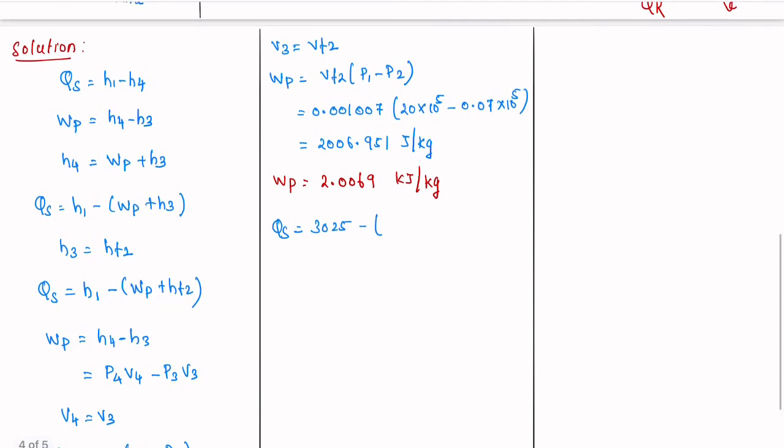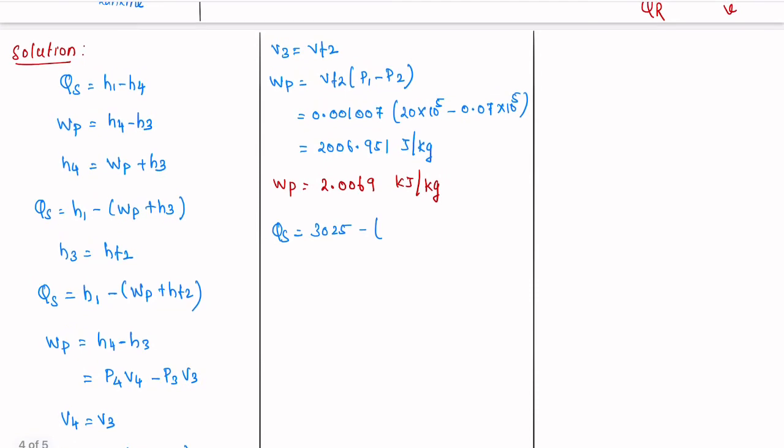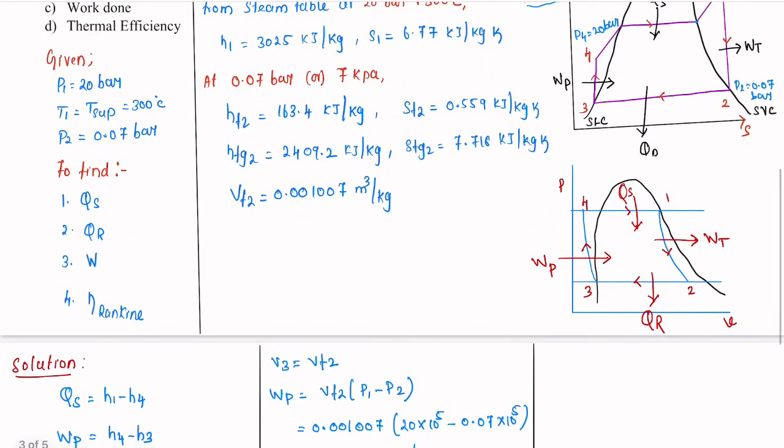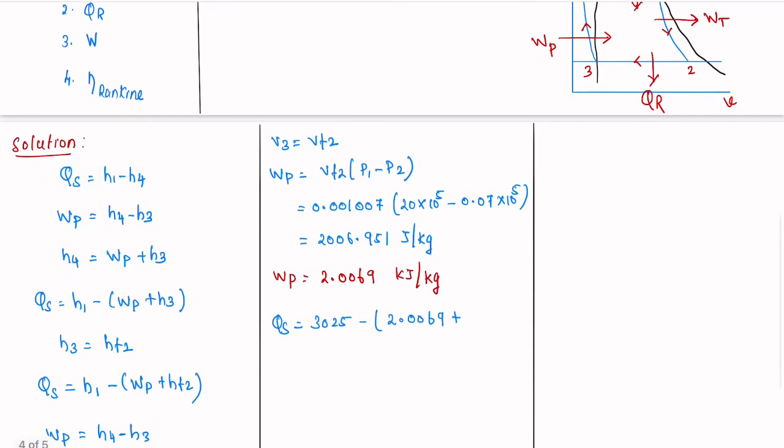We have calculated the value of WP, which is nothing but 2.0069, plus the value of HF2, which is calculated from the steam table as HF2 is equal to 163.4 kilojoule per kg, and you can write 163.4.